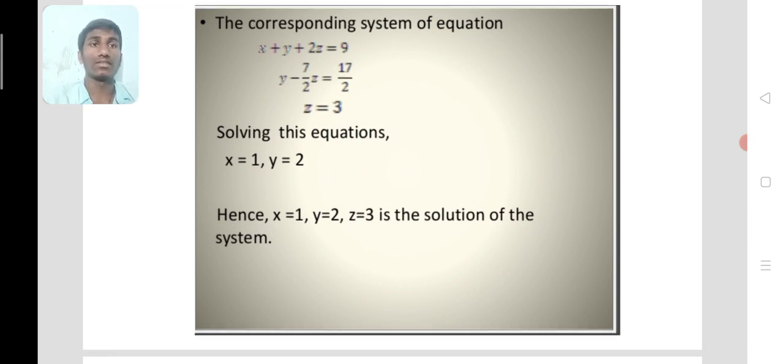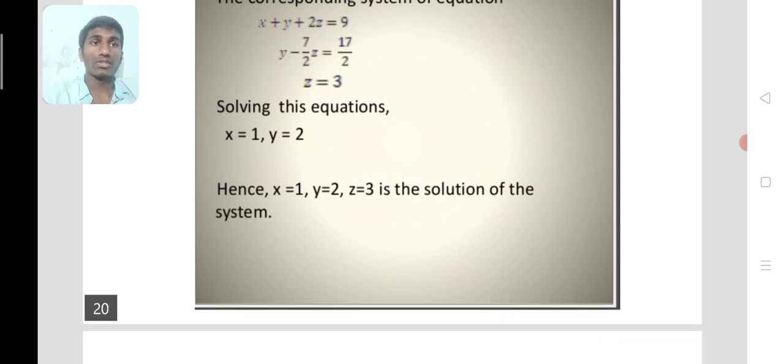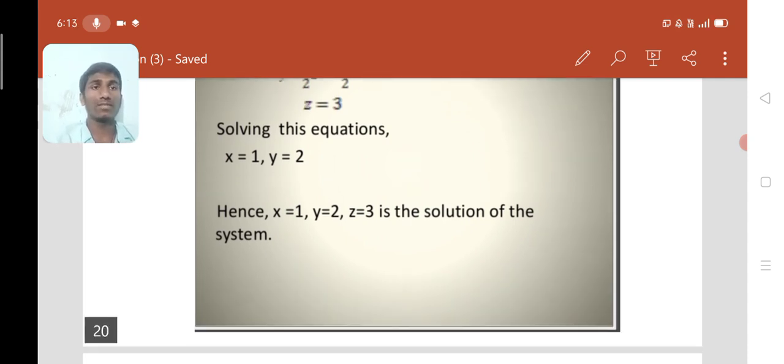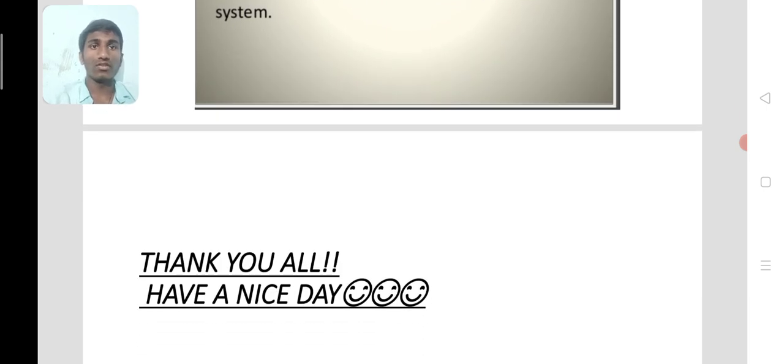These three values are the solutions to the given system, solved by the Gaussian elimination method. So I think you have understood how to solve linear equations using the Gaussian elimination method. Thank you all. Have a nice day.